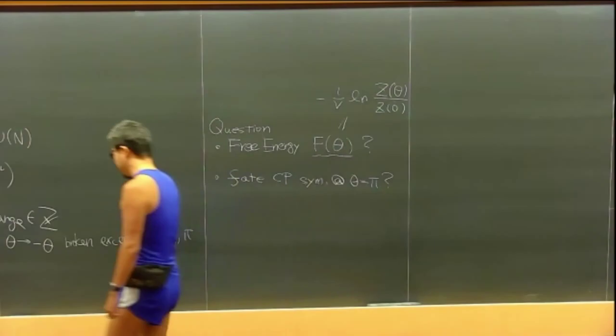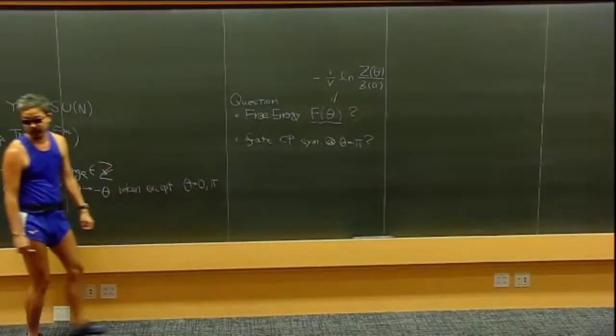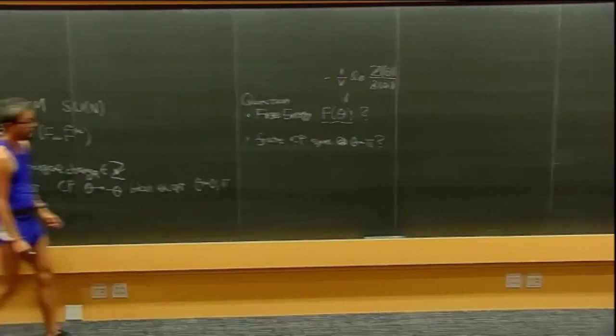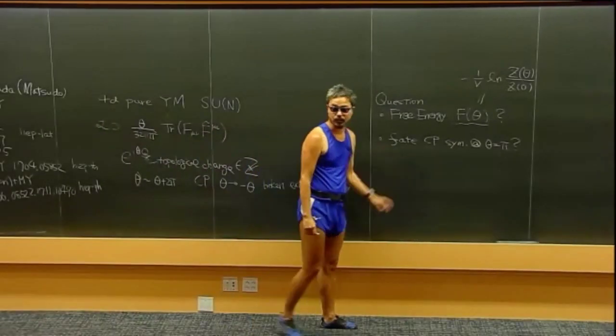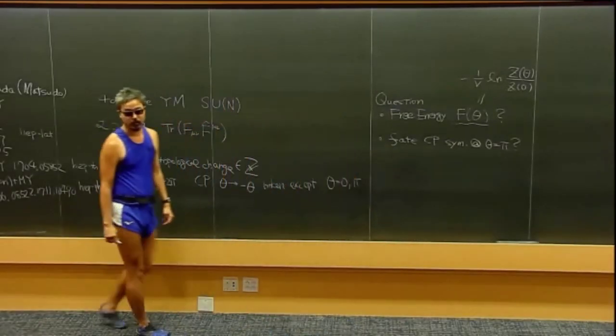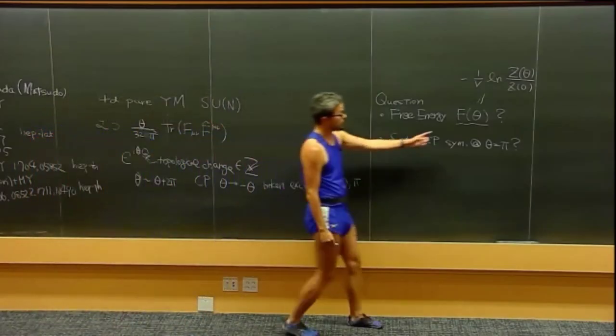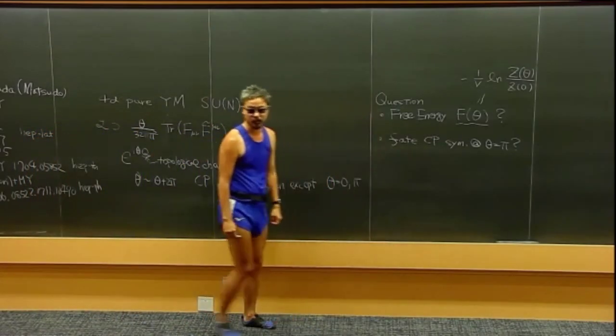I said that CP symmetry is present at theta equal pi at the Lagrangian level, but it might be spontaneously broken. That's another well-defined question, and if you know the shape of the potential, you can tell.